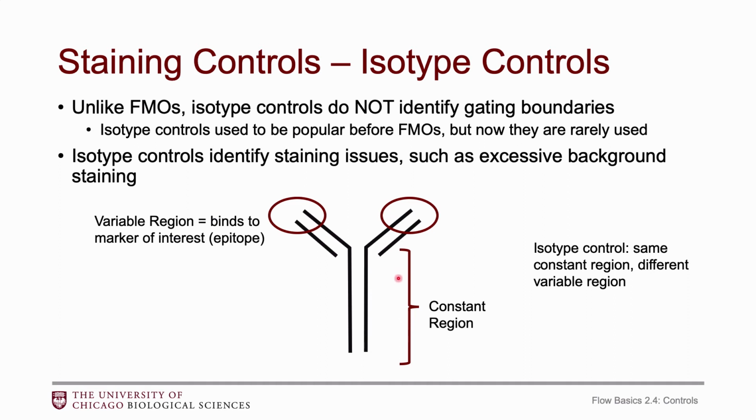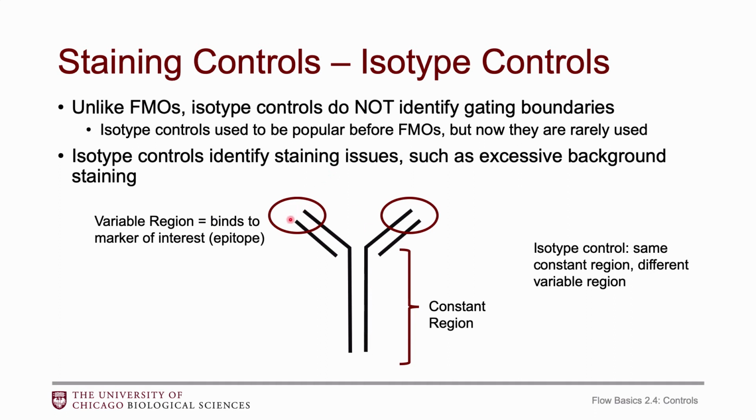Okay, so isotype controls, if you don't know what those are, it's a separate antibody. If we think back about the structure of antibodies, we have a constant region, so this is the isotype. For example, IgG is pretty common.